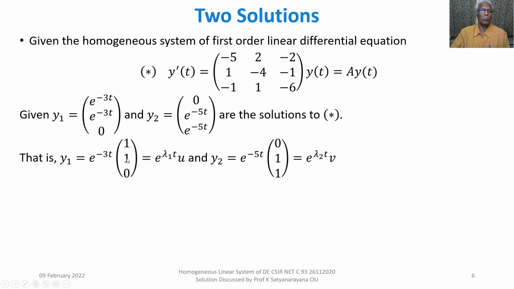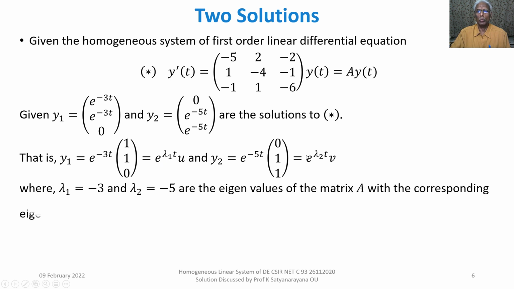Denote this 1, 1, 0 by u and lambda 1 by minus 3, so y1 is e power lambda 1 t u. And y2 is equal to e power minus 5t times 0, 1, 1, that is e power lambda 2 t v, where lambda 1 is minus 3 and lambda 2 is minus 5 are the eigenvalues of this matrix A with the corresponding eigenvectors u equal to 1, 1, 0 and v equal to 0, 1, 1.